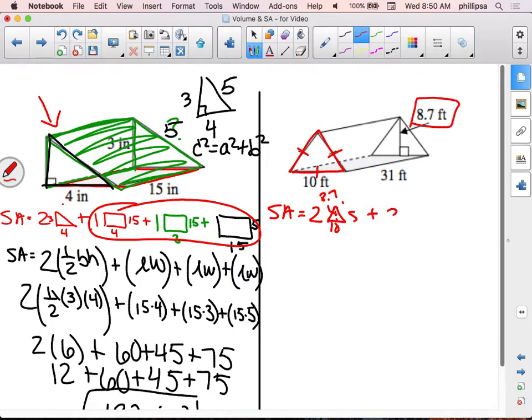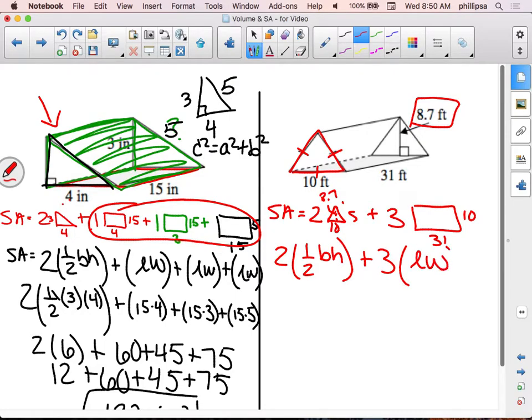Okay, and to that you're going to add the 3 rectangles that all measure 10 by 31. So it's a little bit quicker on this one. So you have your 2 triangles and your 3 rectangles that are all the same.